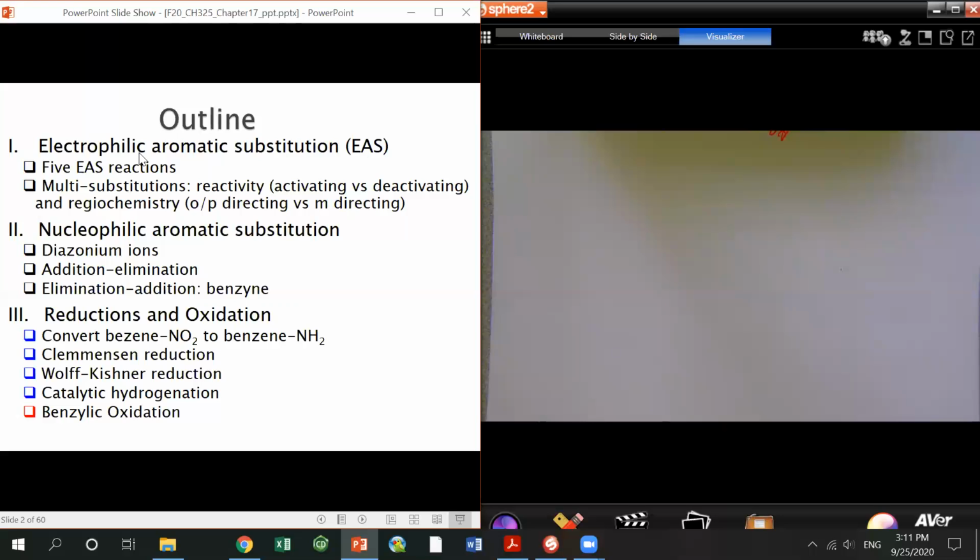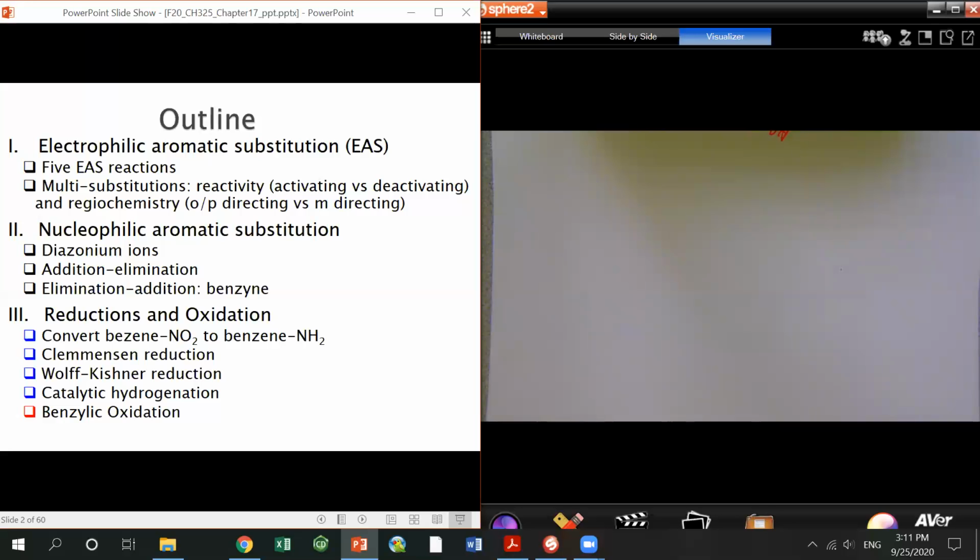Then based on these, we will learn multi-substitution, reactivity and regiochemistry. For the aromatic reaction chapters there's no stereochemistry, because benzene is planar and has no chiral centers, but there's a lot of regiochemistry.